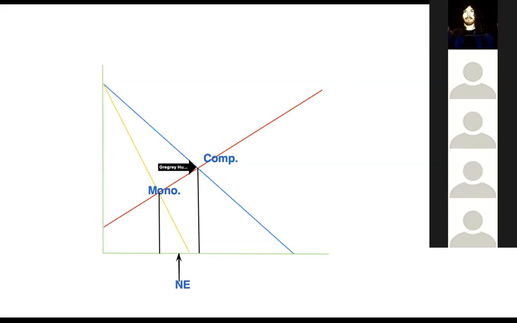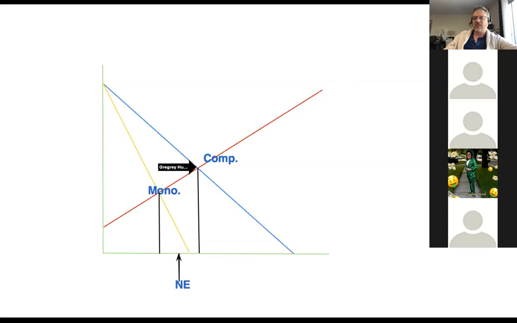Okay, anybody else have an idea? Per unit cost? No. So I'm asking you guys to think about the way that price competition functions. If I'm firm 1 and I set my price here, then what does firm 2 do to compete with me?